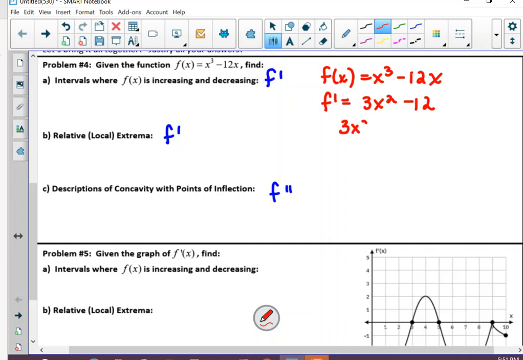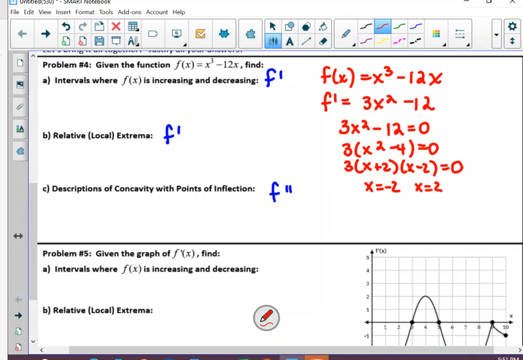So once I set 3x squared minus 12 equal to 0, I would think about this using a little bit of factoring, but you have other algebra options. Ultimately, you get x equals negative 2, x equals 2 for the critical values out of the first derivative.